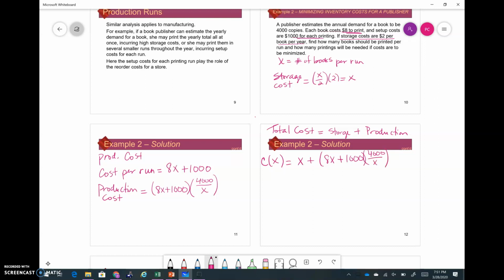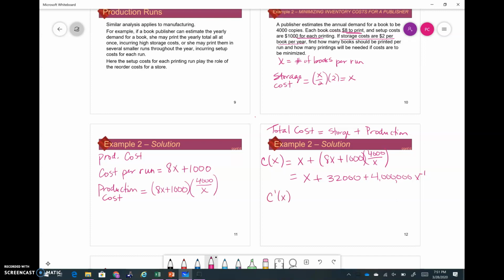If you simplify that equation, we end up with x plus 32,000 plus 4,000,000 x to the negative 1. We know we're trying to minimize cost, so we have to take the derivative.